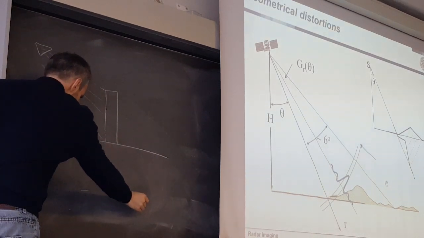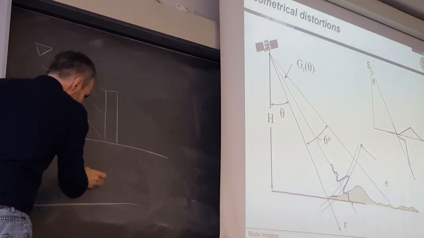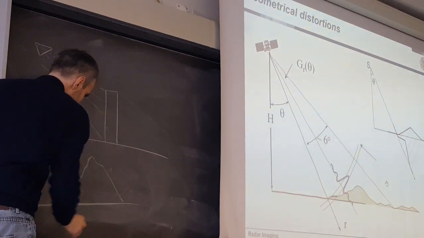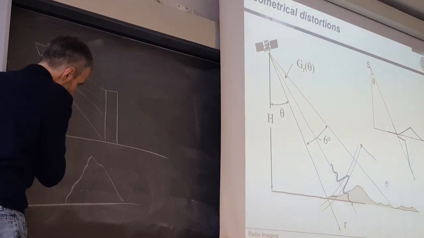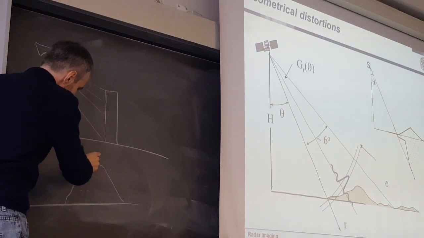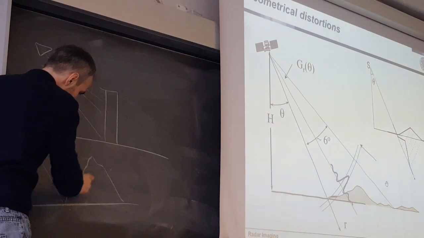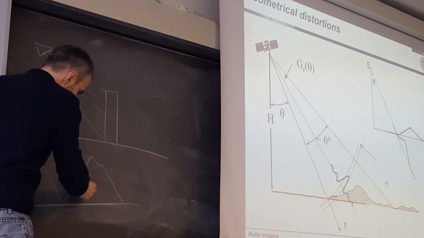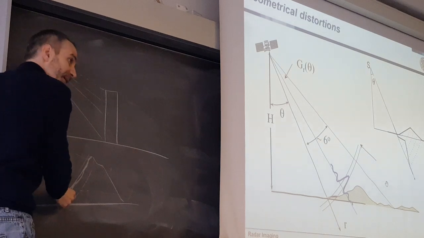For the same reason, if you have a mountain, then for example these two points on the same facade, on the same side of the mountain, are at the same range.